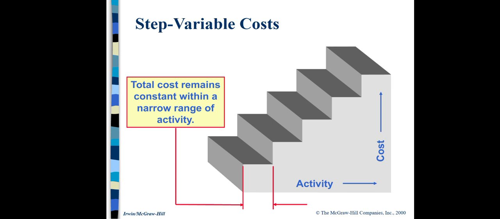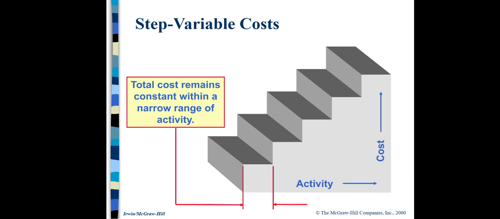For the step variable cost, the total cost remains constant within a narrow range of activities. Here we know this from the first step of this ladder.